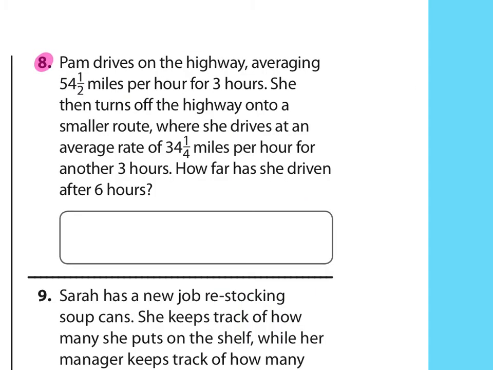Number 8, Pam drives on the highway averaging 54.5 miles per hour for 3 hours. She then turns off the highway onto a smaller route where she drives an average of 34.25 miles per hour for another 3 hours. How far has she driven after 6 hours?